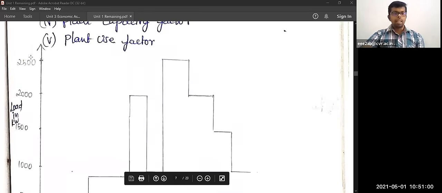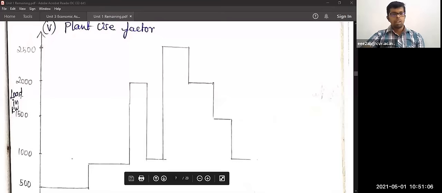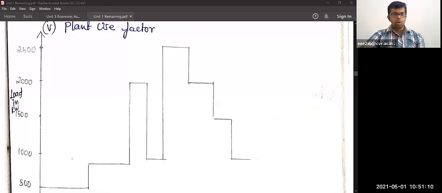Here I am taking load in kilowatt, with the scale as 500, 1000, 1500, 2000, 2500. If you simply write only load without units, the whole load curve is wrong. Even though everything is correct, units are very, very important.